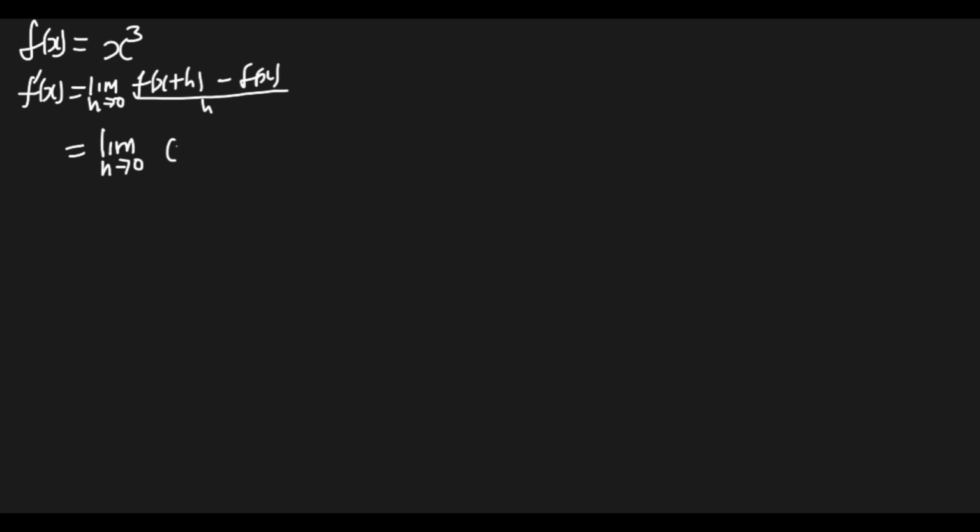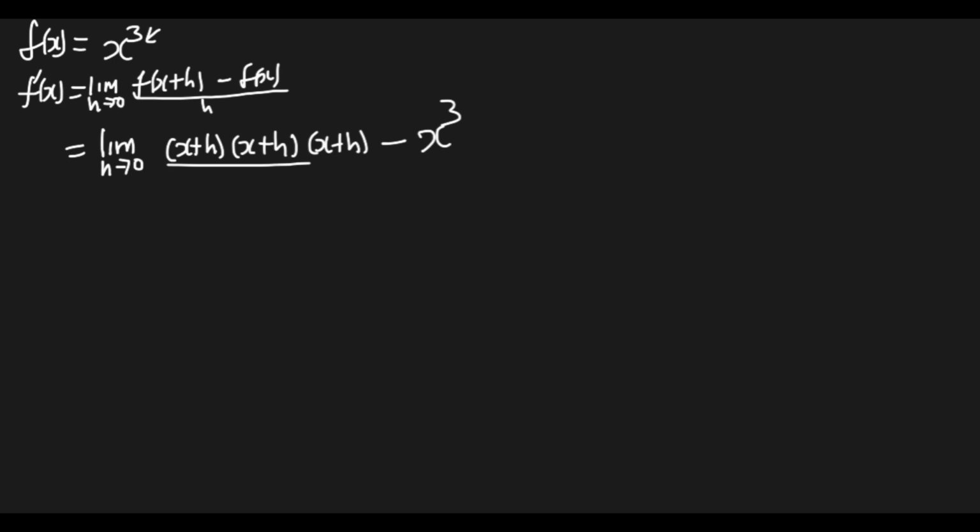So we have x plus h, x plus h, x plus h, since we have the power of 3, minus, now f of x is equal to this whole expression, so minus x raised to the power 3.